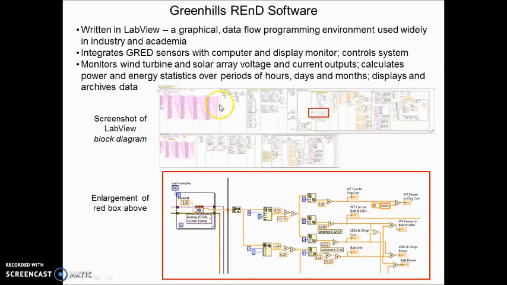This portion of the slide is impossible to see in detail, but this is basically the overall software, written in what is called the block diagram. This red box provides an enlargement of this little one here, and it shows in more detail how data flow programming and graphical programming work. You have these various little icons available from a very extensive menu of different functions.